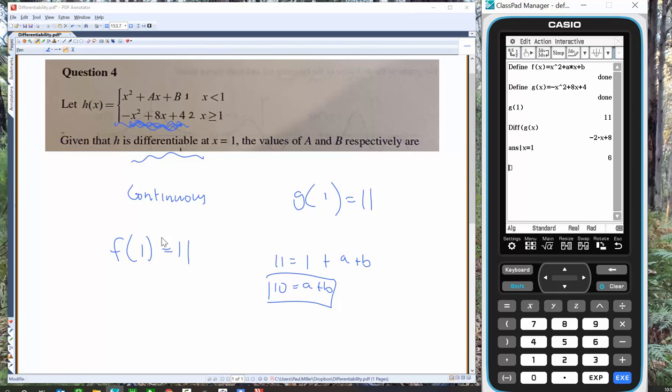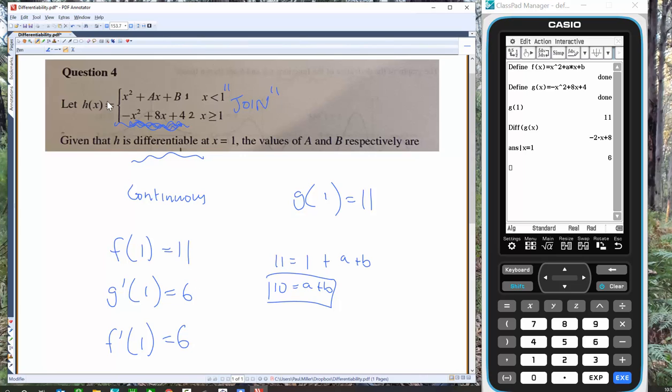And so that means that g dash 1 equals 6. So the derivative of this function here also has to equal 6. So I'm going to do f dash 1 must equal 6 as well for the function to be differentiable at the point, i.e. it's got to have the same gradient at this kind of what I call join point.